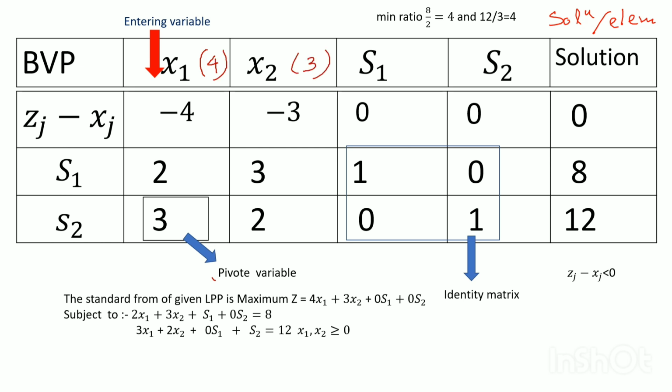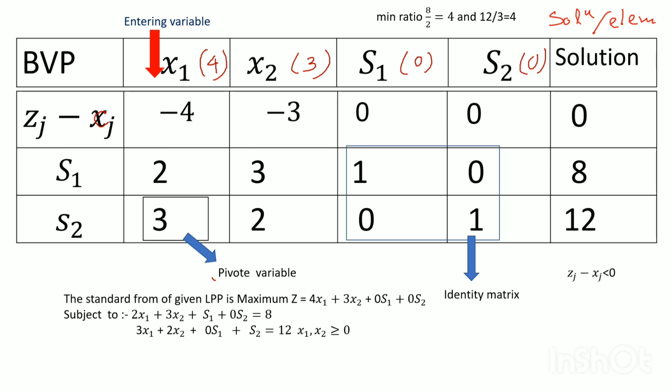Here it is zj minus cj, not xj. Now you see that the cj value of x1 is 4, x2 is 3, s1 is 0, s2 is 0.